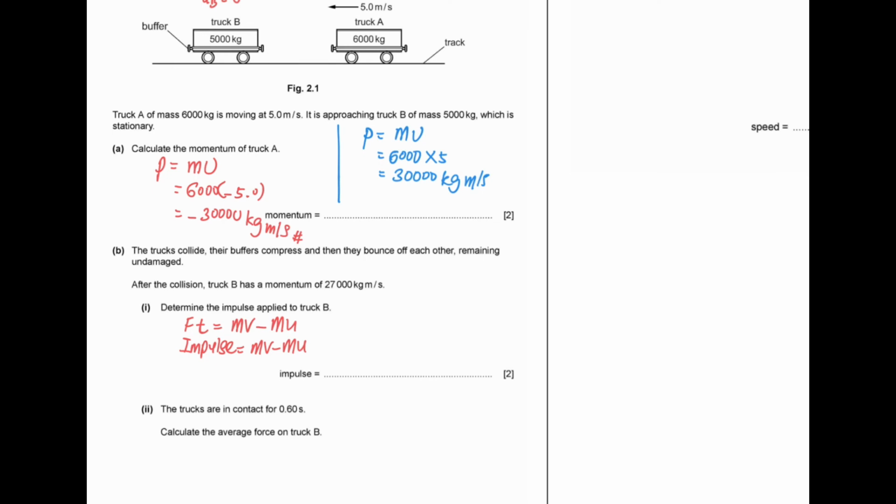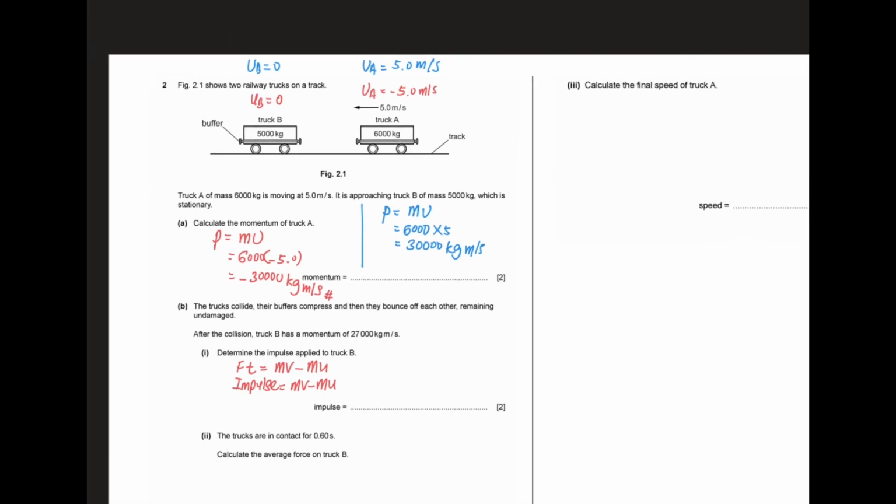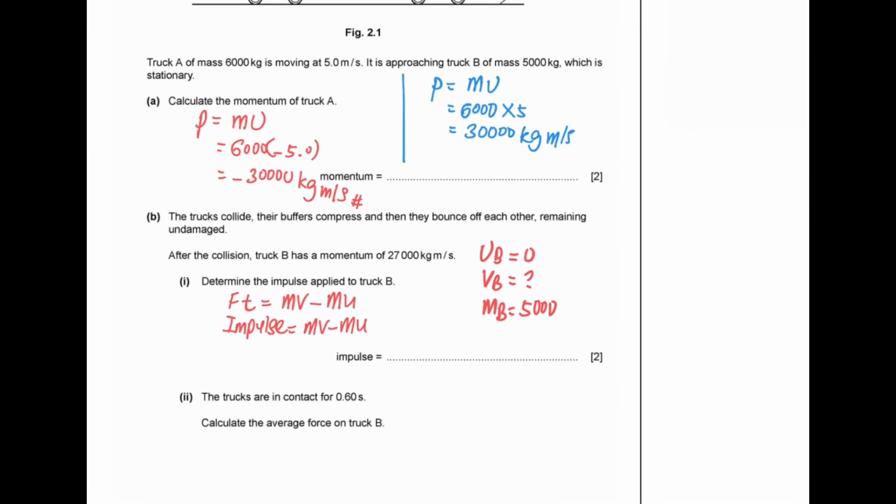Now this is for truck B. As you know, the UB is 0. VB we don't know. They don't give. And we know the MB is 5,000.